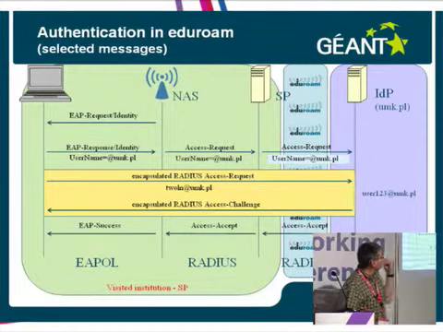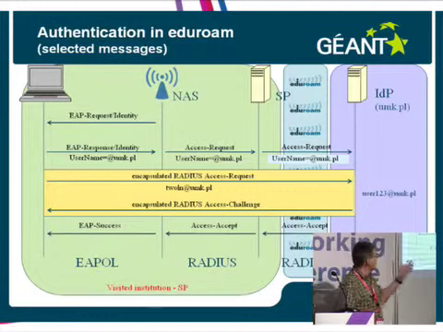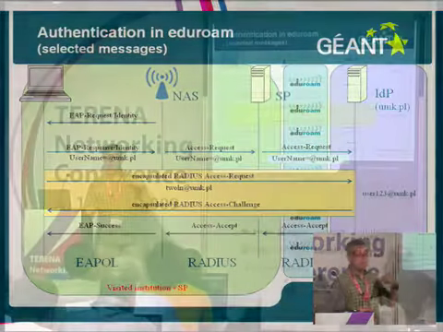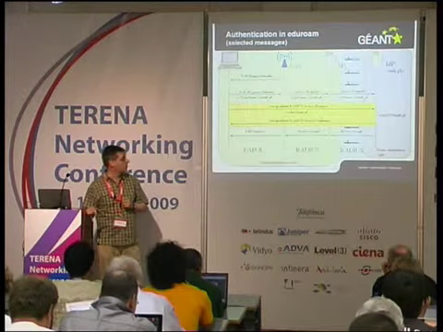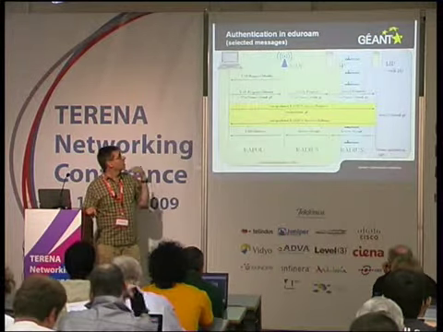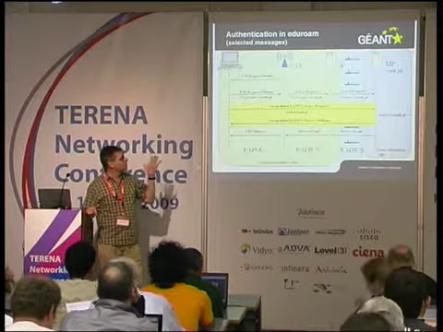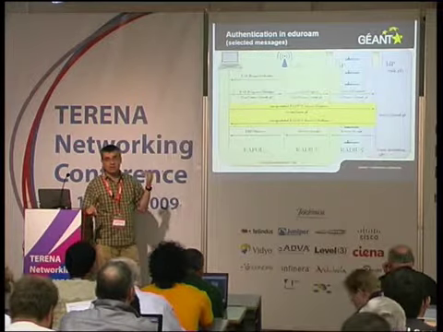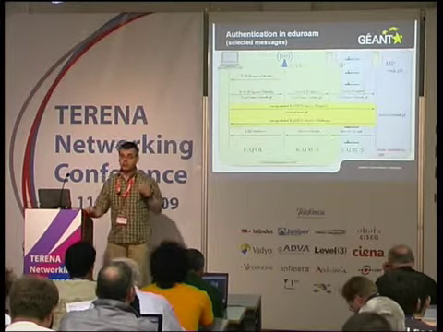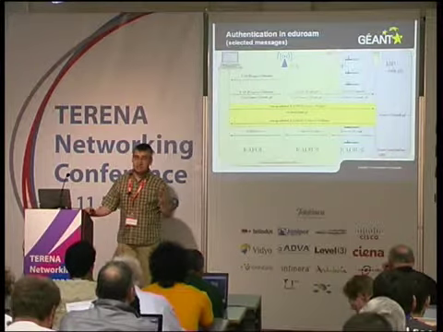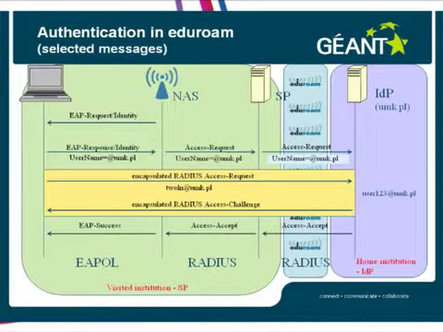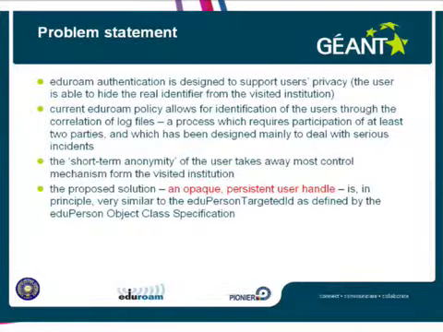And in return, the IDP will return an access accept with more or less nothing in it, just saying, okay, this authentication went through correctly. So the visited institution, the service provider, doesn't really have a clue about the user, which has some advantages from the point of view of user's privacy, of course, but it also poses some difficulties, which I will mention later.